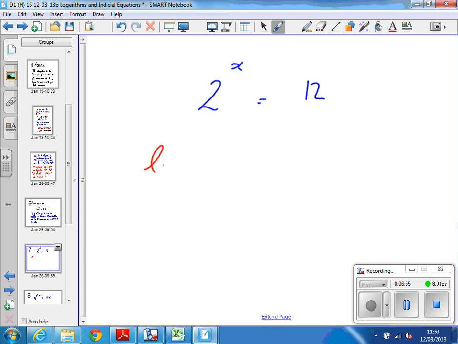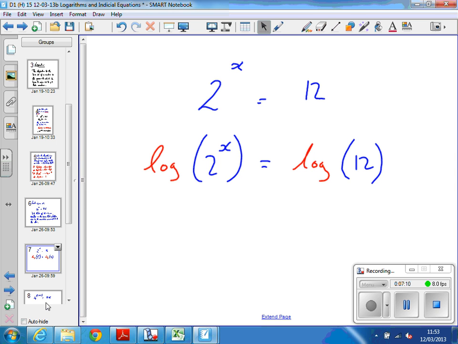What I do is I take the logarithm of both sides. The logarithm of 2 to the x equals the logarithm of 12. So I try to show it with the colour. We've just taken the logarithm of both sides.